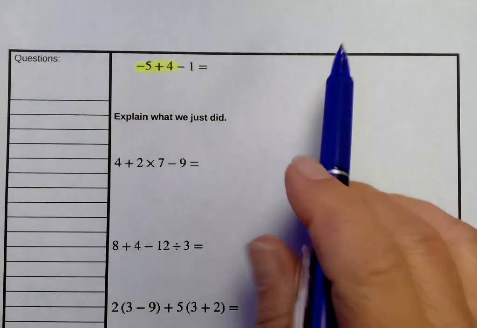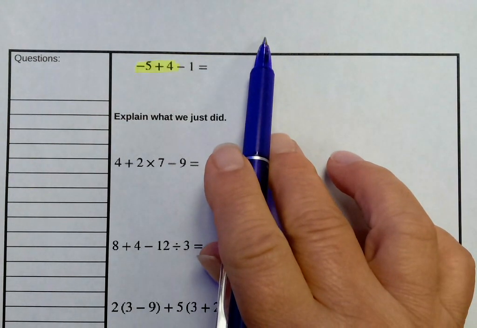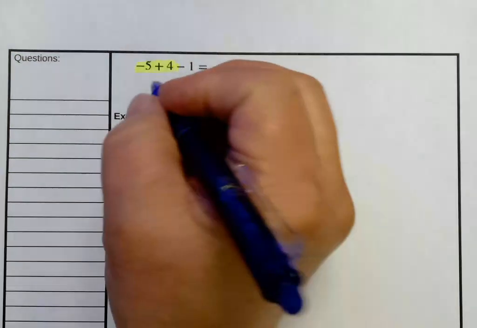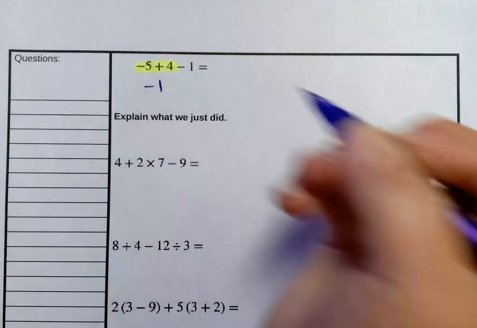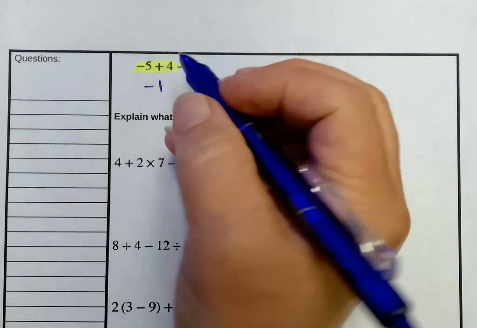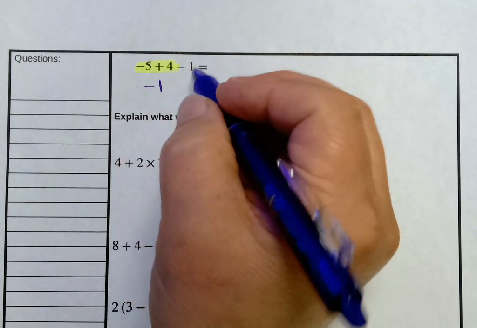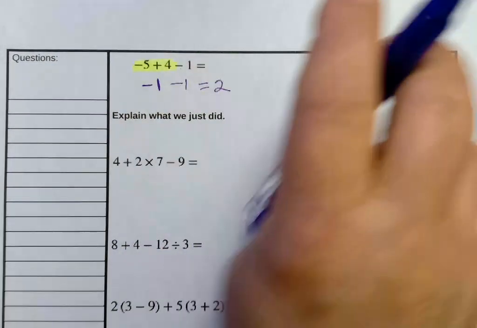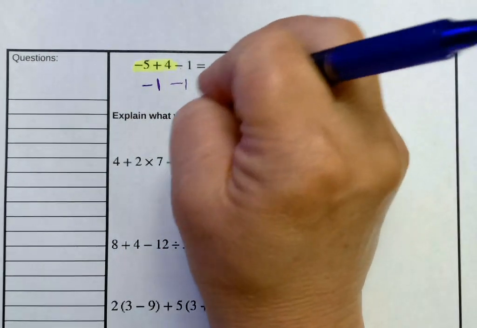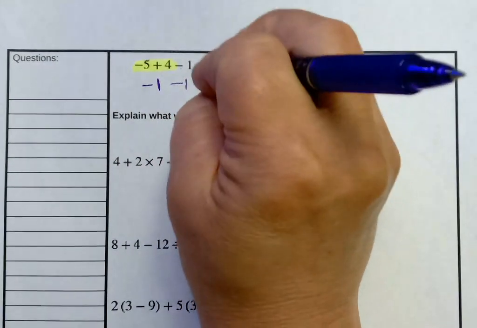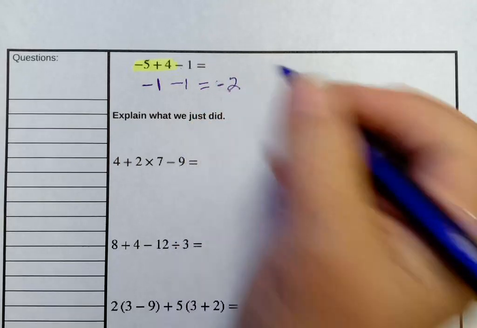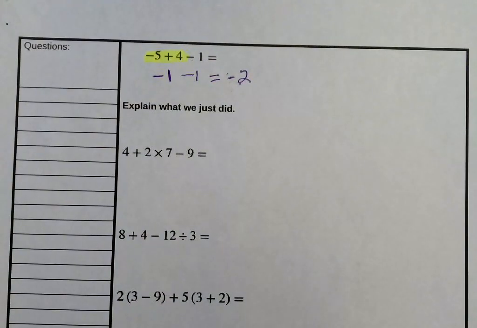If you think of a number line, you're down at -5, you go 4 units towards 0, you end up at -1. Okay, -1 minus 1 gives you 2, and it's a -2. Okay, any questions?